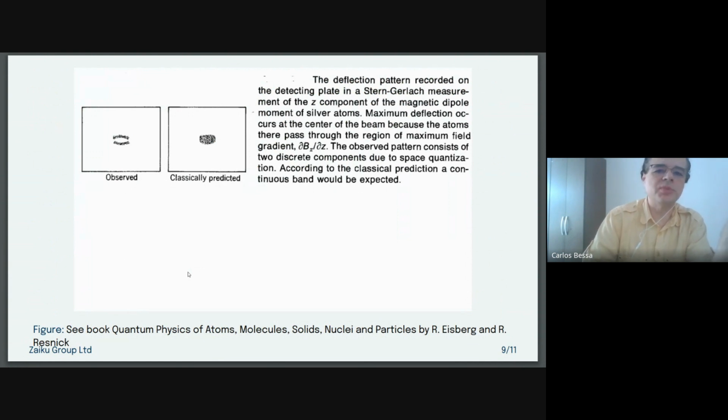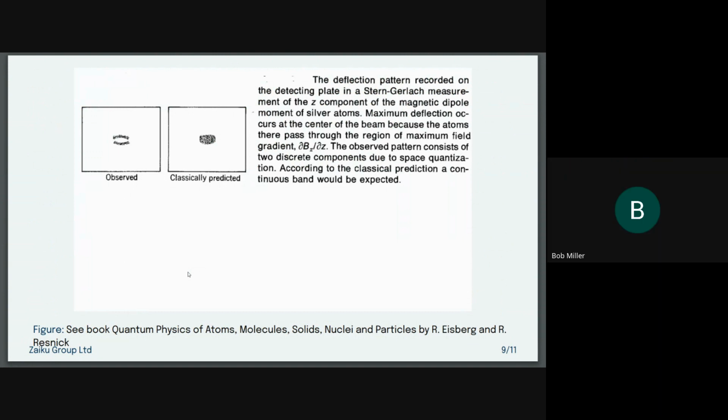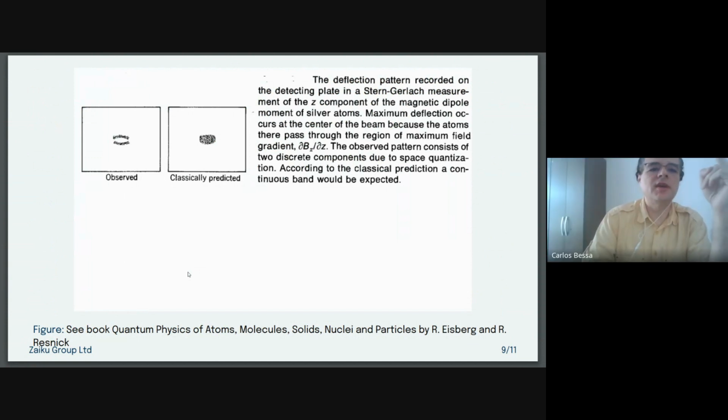That's the spin, given by plus or minus h bar over 2. Yes, plus or minus 1/2. This is the quantum number related with the spin.